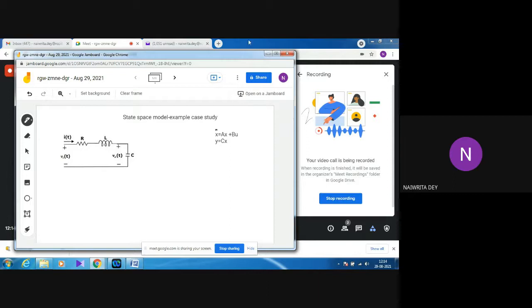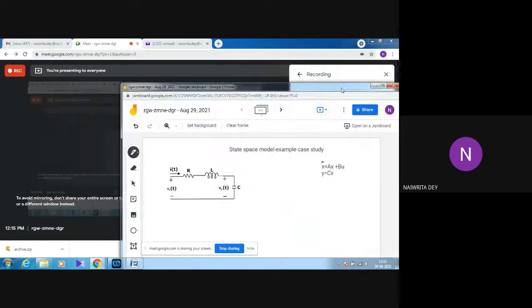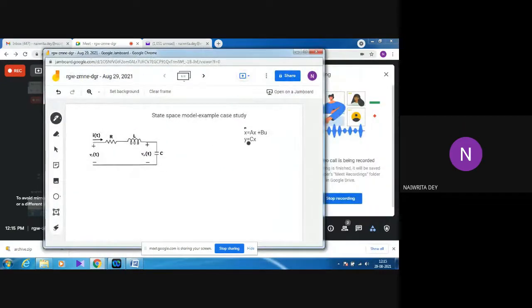So the general state space equation looks like this: x dot equals Ax plus Bu, and y equals Cx, that is the output equation. This is the output equation and this is the input equation. These two equations are generally known as state equations.